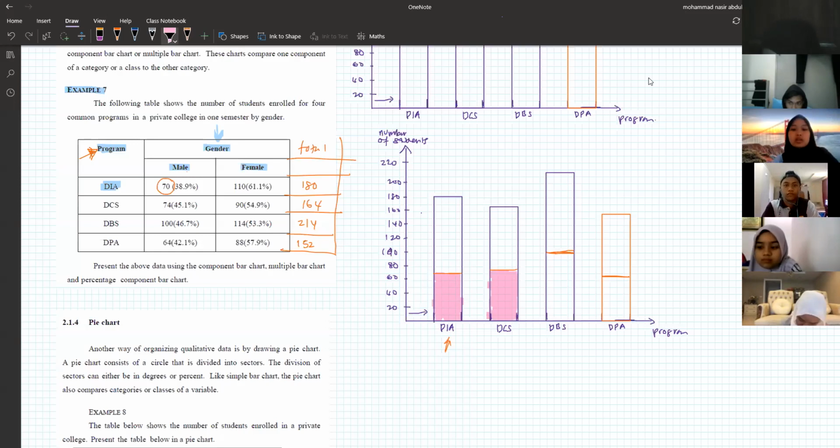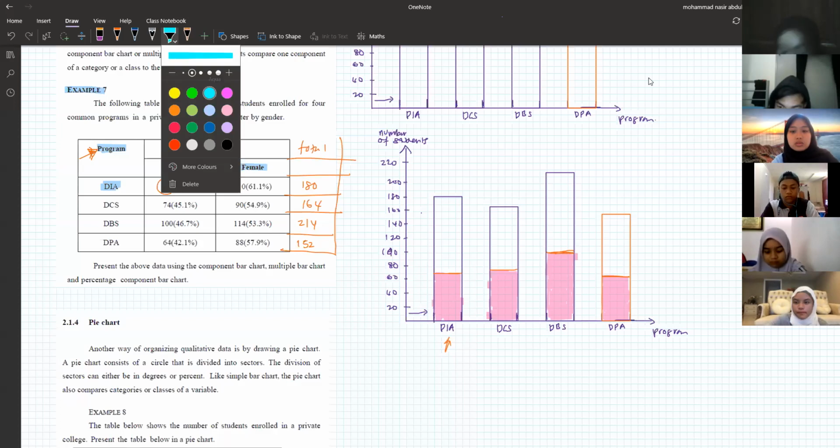Third bar. And I'm using blue color for female.